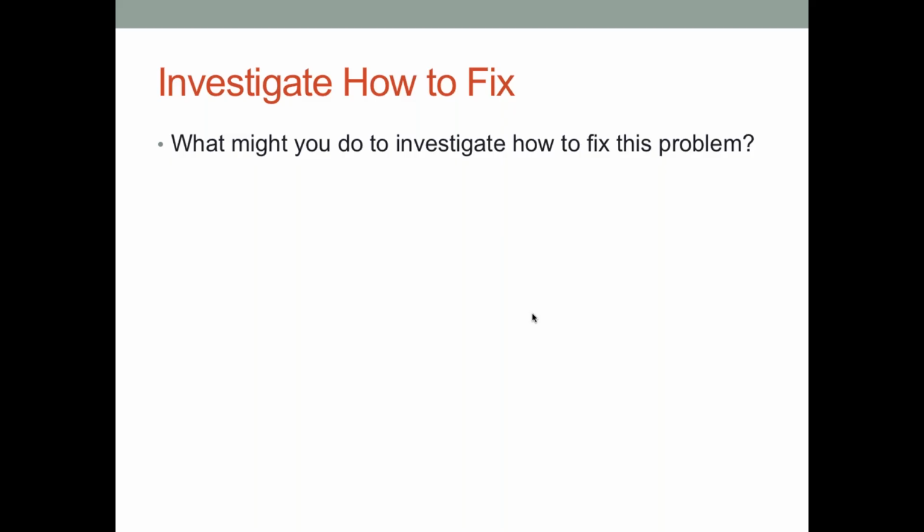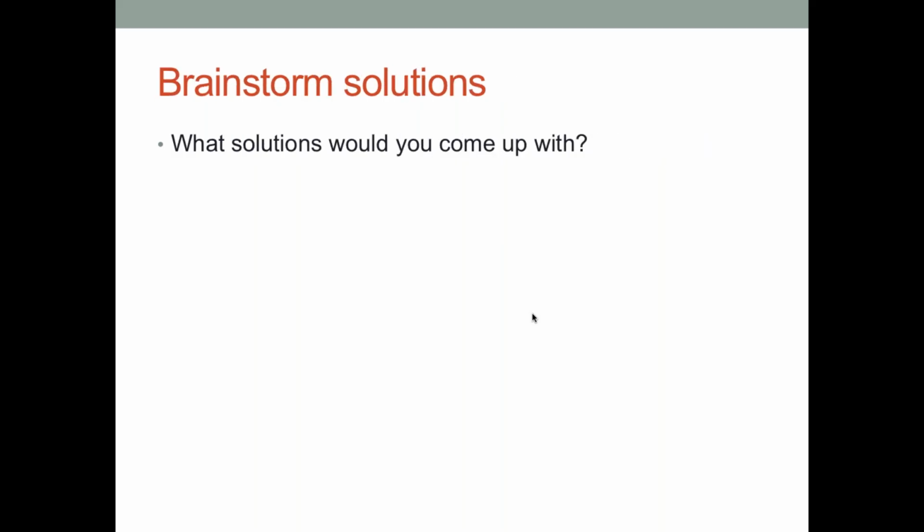Okay. So there's lots of different ways that you could think about how to fix it. And then the next thing, once you've got a sense of the background, like Carl said, from going to look at other schools, or from looking at the research that's been done on graphing, or from interviewing students at your school as they analyze problems, talking to teachers, then the next step is to brainstorm solutions.